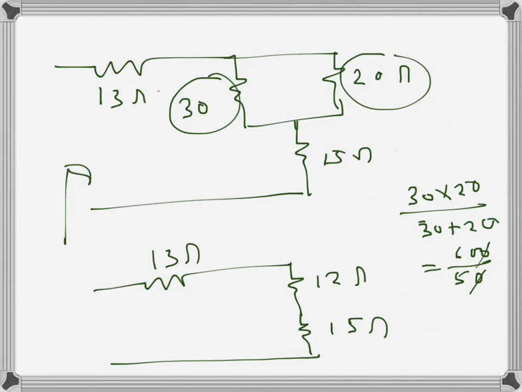So basically just these three resistances in series. If I add them up, it will be 13 plus 12 plus 15. 13 plus 12 is 25, plus 15 is 40 ohms. So the equivalent resistance, if I just reduce to one, is 40 ohms. That's the equivalent resistance.